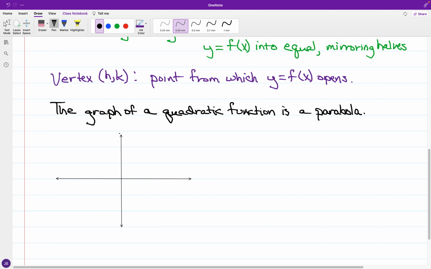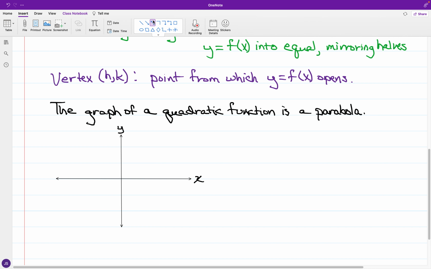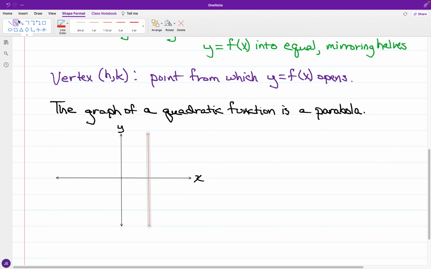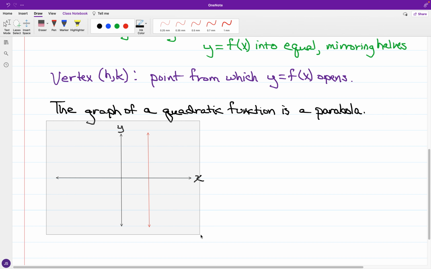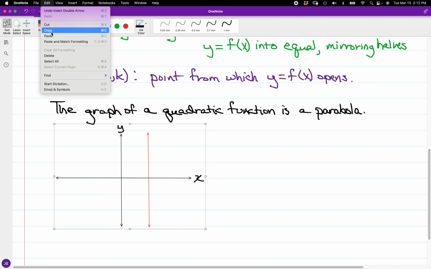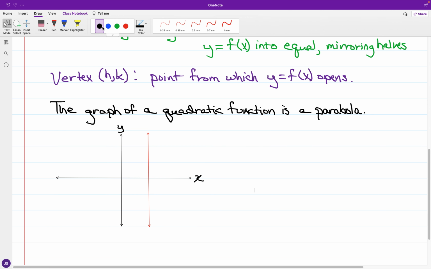Again, we're working with the XY coordinate system. Okay, and in the case of the graph of a quadratic function, we'll have a point here, and let this be the vertex (h, k).